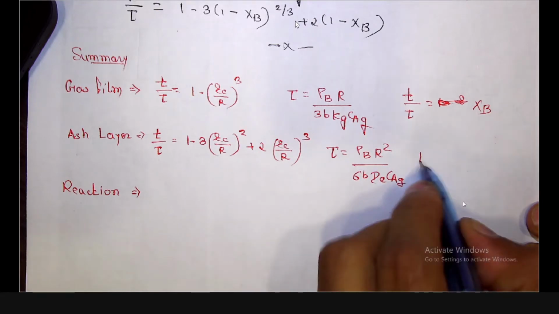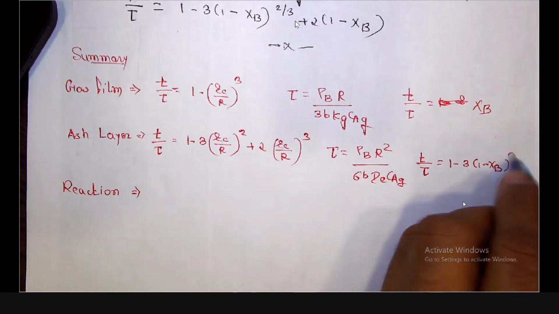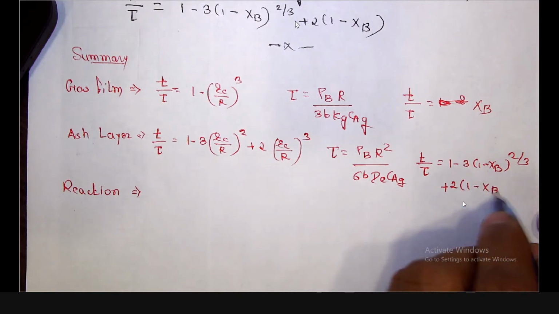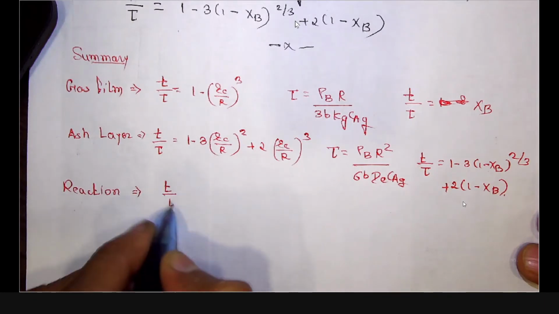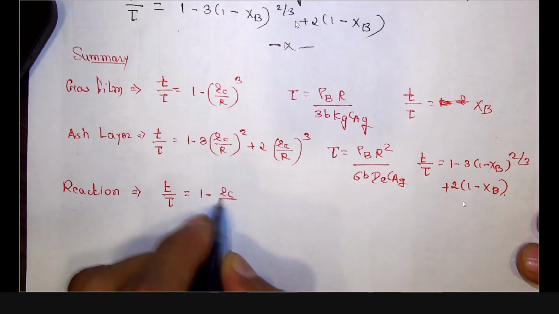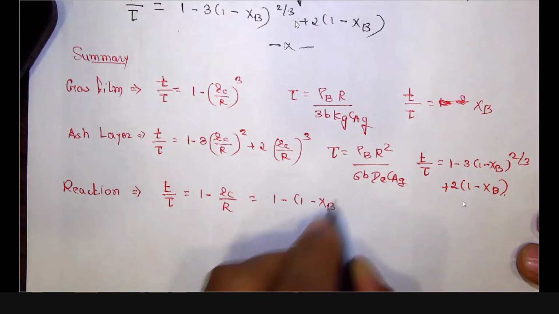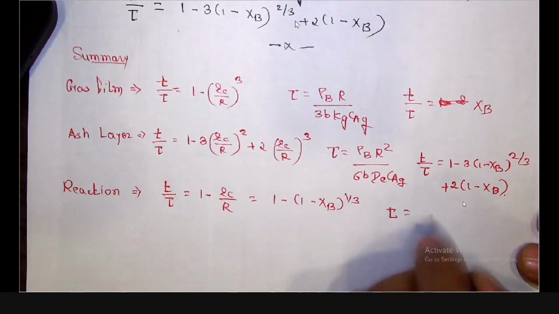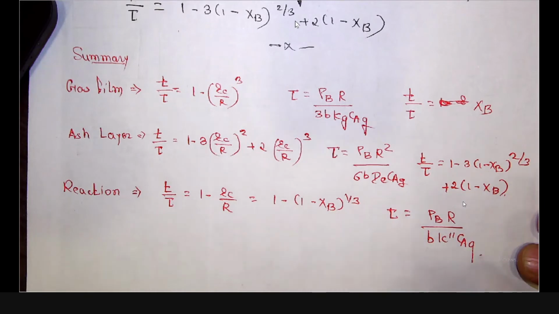And this t upon tau is in terms of 1 minus 3 (1 minus XB) to the 2 by 3 plus 2 (1 minus XB). And for reaction, okay, so this is the summary of this particular one.